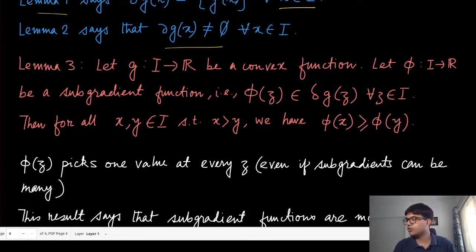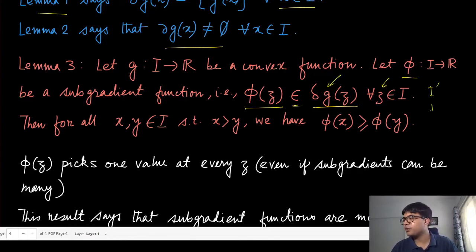define a function in that way. So that is how we are going to define this function phi. So phi of z is an element of this ∂g(z), as we have defined. For all the points in I prime, we already know that this set is going to be a singleton.